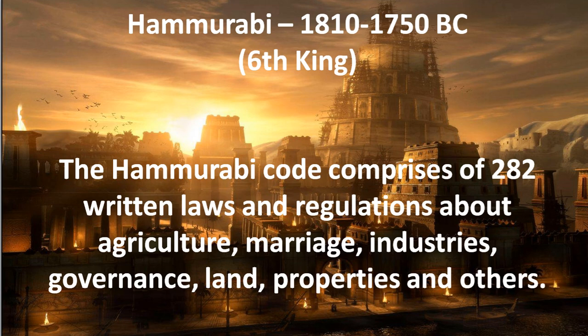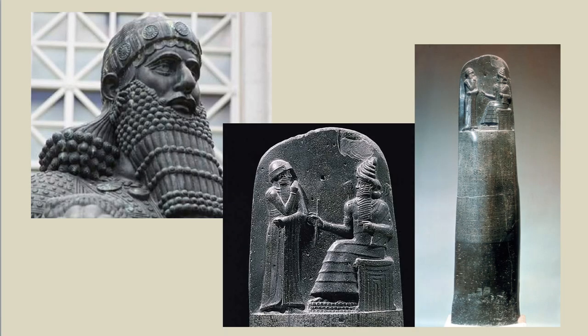The Hammurabi Code, he wrote a code, and it comprises 282 written laws and regulations, basically about civilization, how to have one. And it included agriculture, marriage, industries, governance, land, properties, and other things of how to have a structured civilization. He was their great lawgiver.